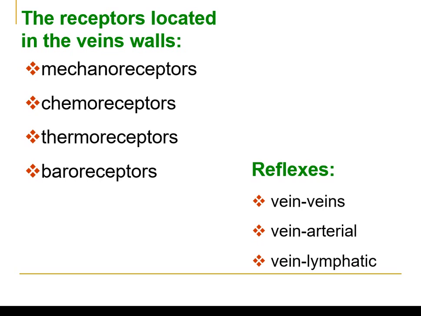The endothelium of the veins has many receptors. The receptors located in the vein walls are mechanoreceptors, chemoreceptors, thermoreceptors, and baroreceptors.